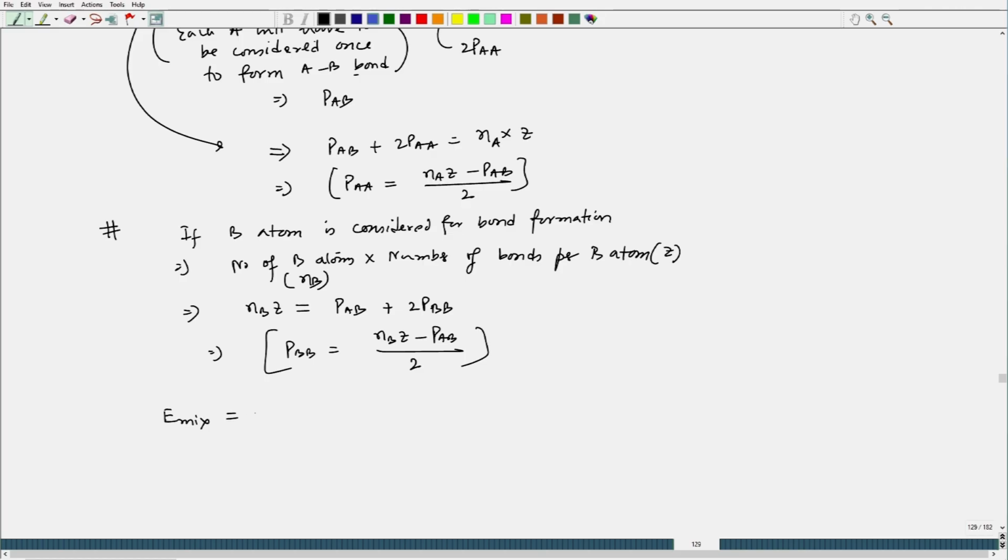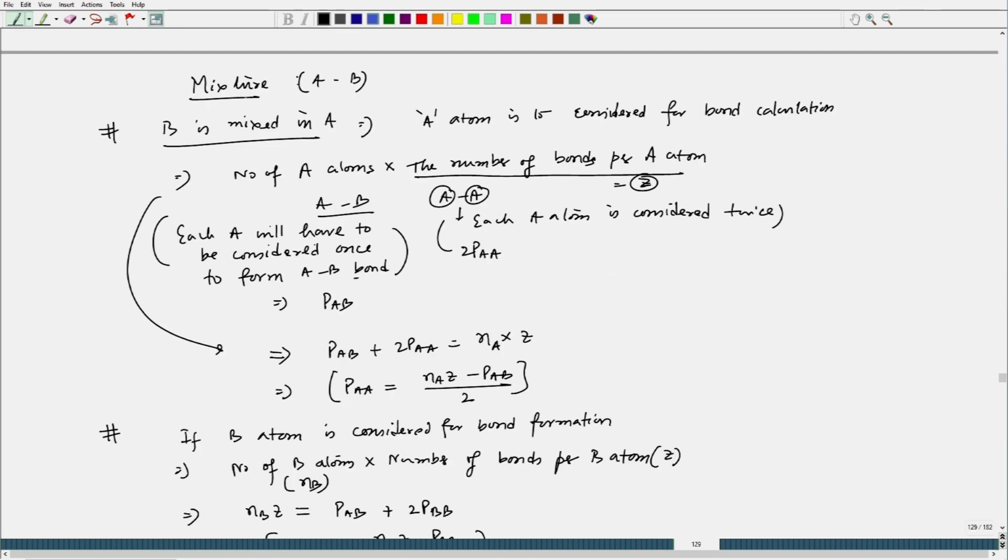Now, when we write, Hmix should be equal to PAA EAA plus PBB EBB plus PAB EAB. Now, I replace, this is where everything you have done is basically with reference to mixing conditions, because here now we are considering a mixture, fine.